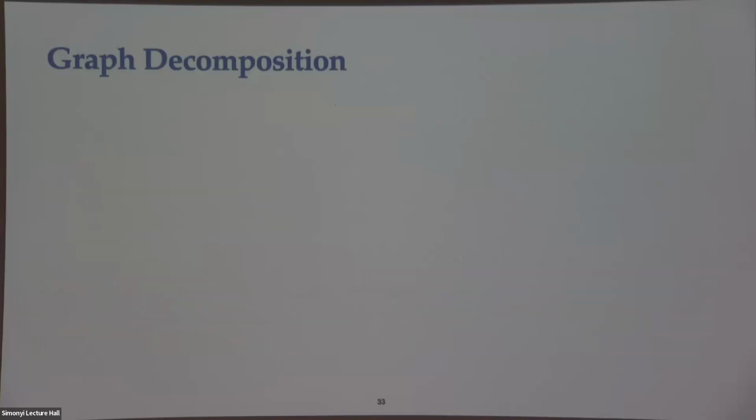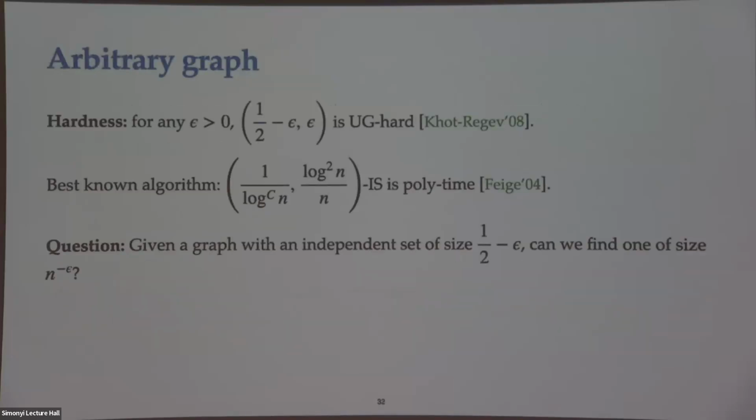I think it's written here. Clearly you need to lose something, either in the decomposition, or maybe you only get an n to the epsilon size thing that you can work with, for example. Or the unique games conjecture is false, which is possible. As far as we know, that's not ruled out.